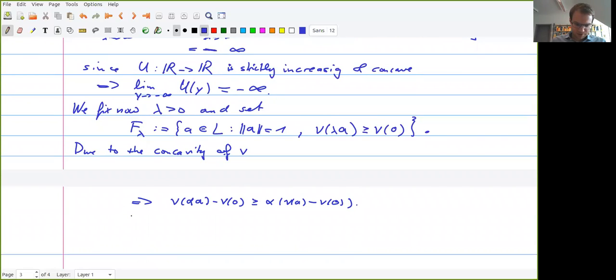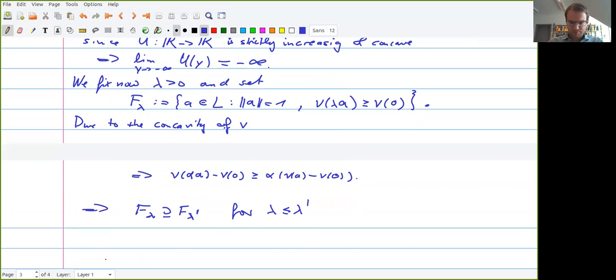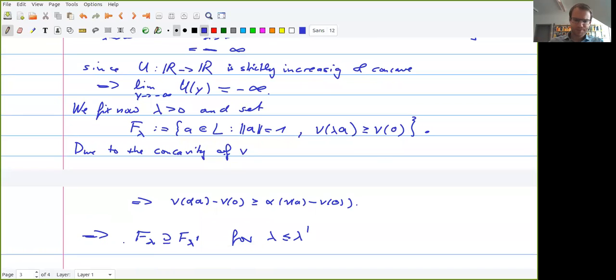And this is nice because now we can order these sets F of lambda. F of lambda is strictly shrinking if we make our lambda bigger, if lambda is less or equal than lambda prime.